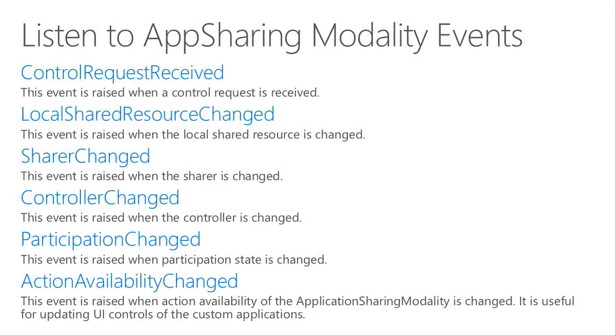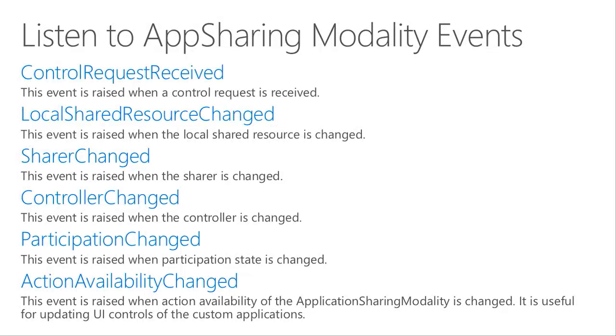Okay, for the sharing modalities, we have a lot of events that the applications can listen to and take action on. For example, the control request received. That is the event when the remote participant requests the control from you. You can simply accept it or deny it. The local shared resource changed.